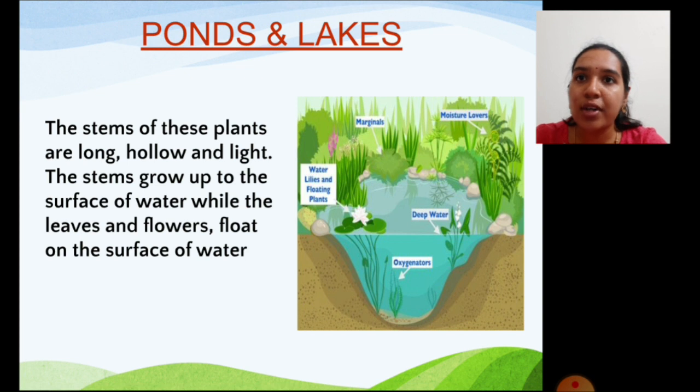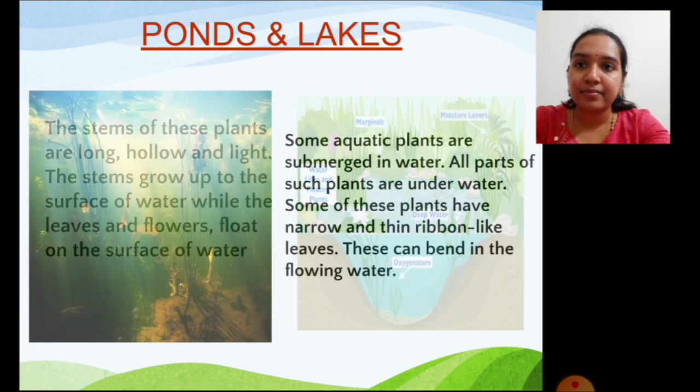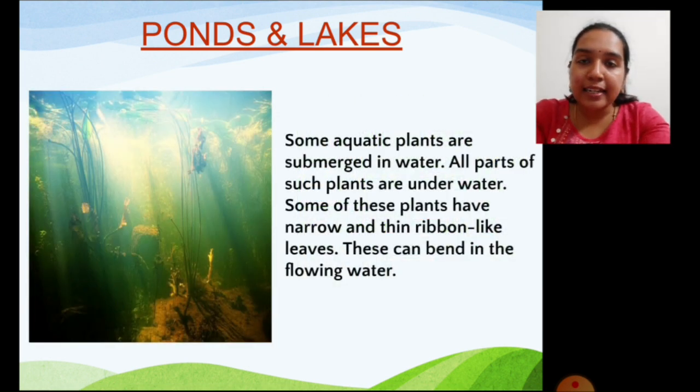This is not the case for submerged plants, which have their entire plant body completely present inside the water only. Here in the image, you can see the picture of submerged aquatic plants. The entire plant lies inside the water.